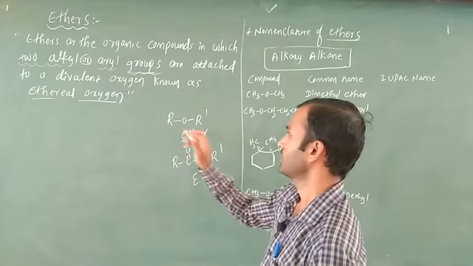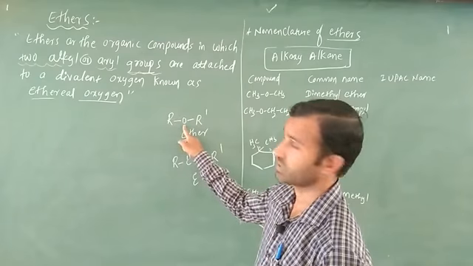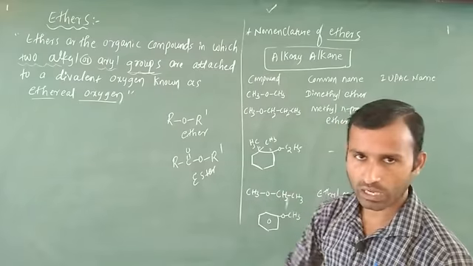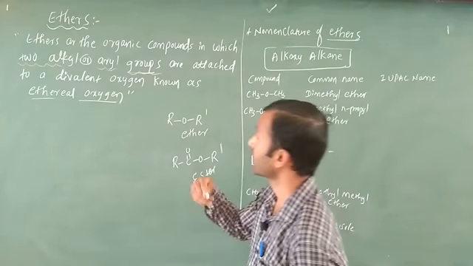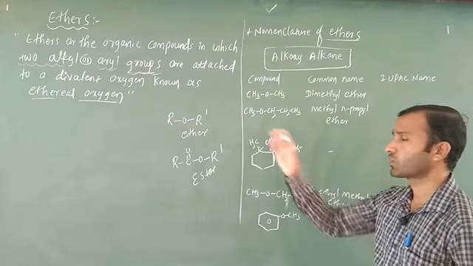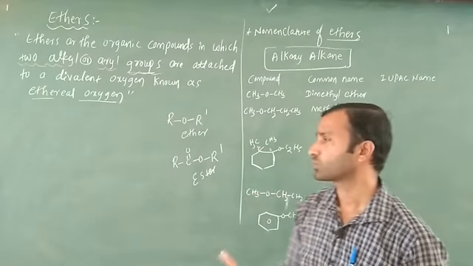Ester is different, ether is different. This oxygen is called ethereal oxygen. According to the definition, ethers are organic compounds in which two alkyl or two aryl groups are attached to a divalent oxygen, known as ethereal oxygen. This is most important.